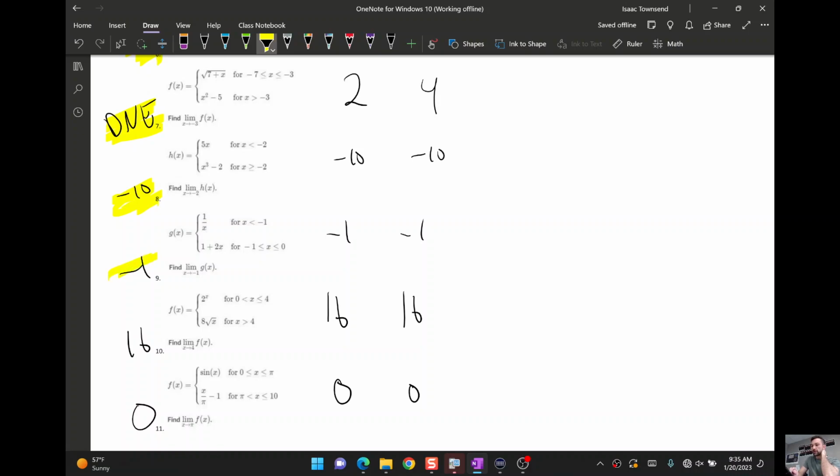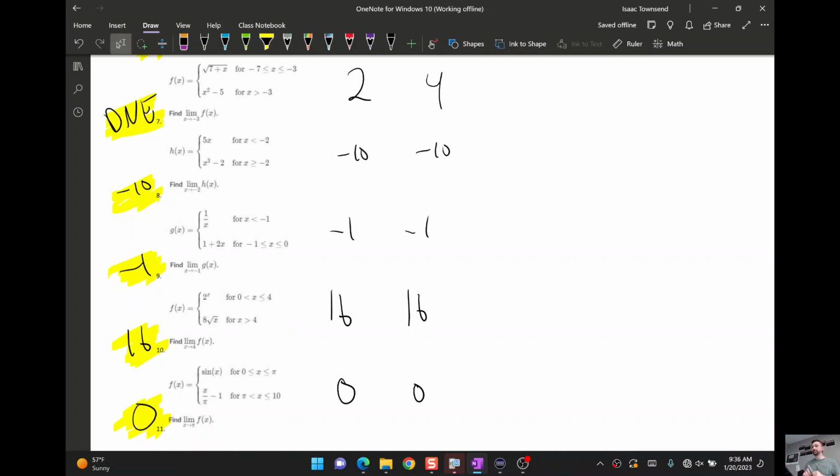Sorry, it has to be zoomed out quite a bit for me to show all of those, but as you finish those, got the answers up there.